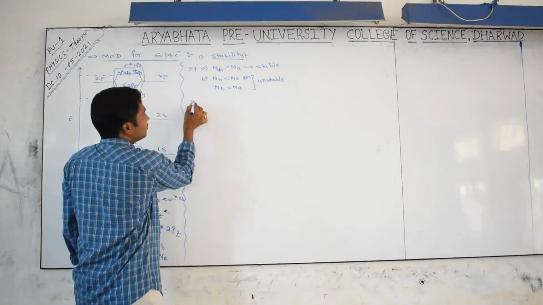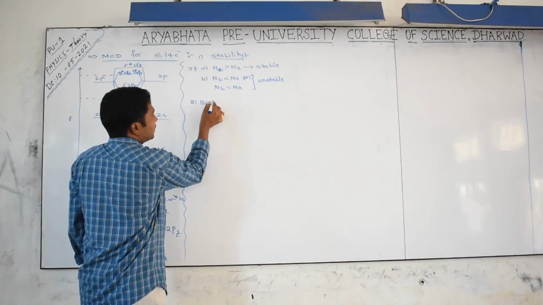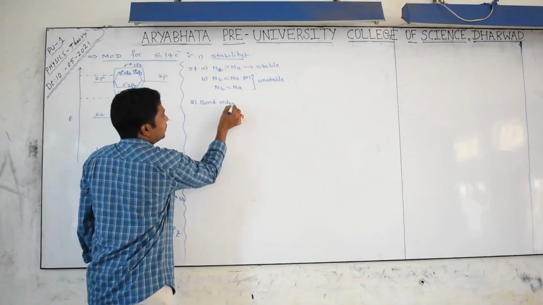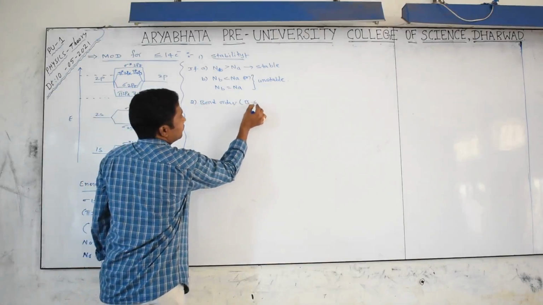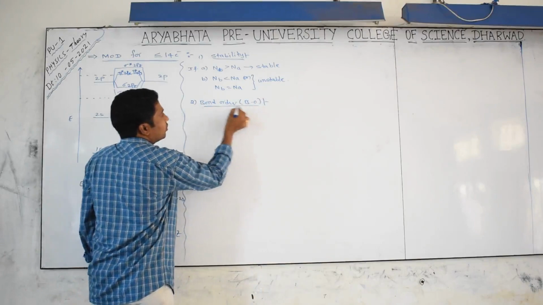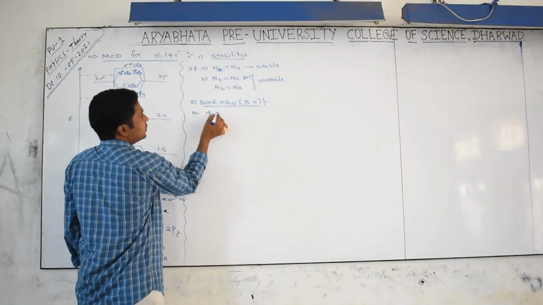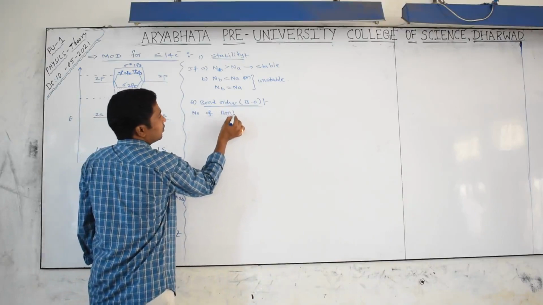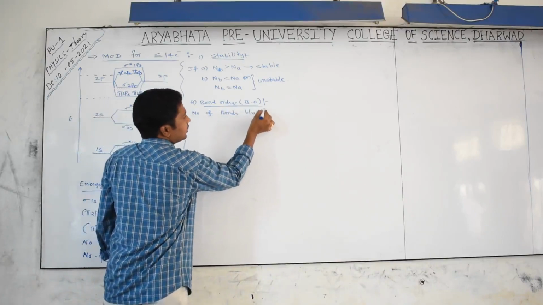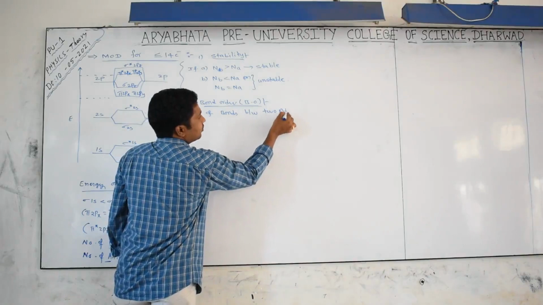Second point, we have to discuss the bond order. This is important. Already I told you bond order means the number of bonds between two atoms in a molecule.